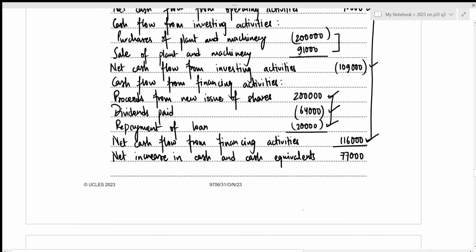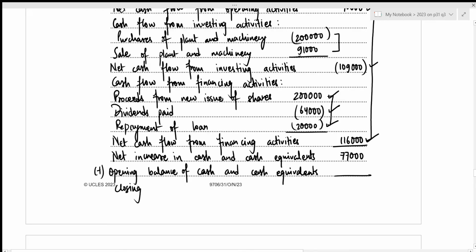The next thing we need to do is add the opening balance of cash and cash equivalents to this value in order to get the closing balance of cash and cash equivalents.